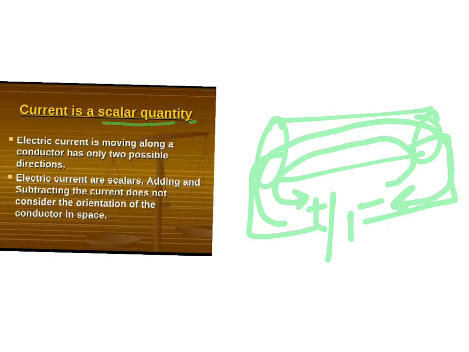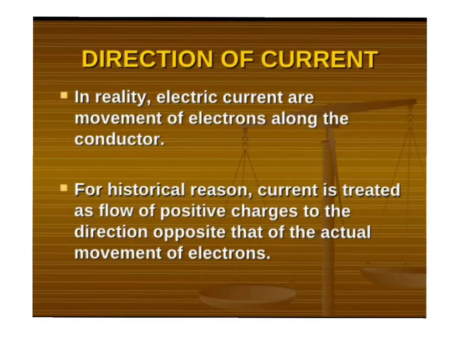That is why it is considered a scalar quantity. We have already repeated this again and again, that electric current is the orderly movement of electrons in a particular direction.